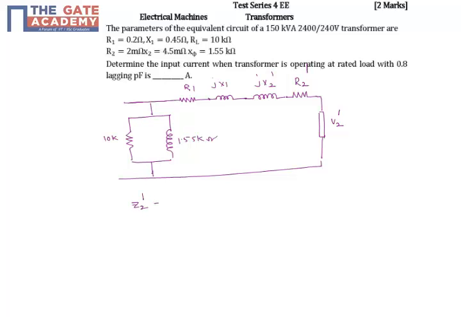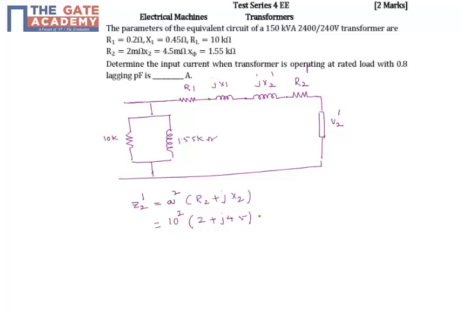So Z2 dash is nothing but A squared times R2 plus jX2. So what is A? A value is 2400 by 240, so this is 10. When you square it, this will become 10 squared. So R is 2 plus j4.5.